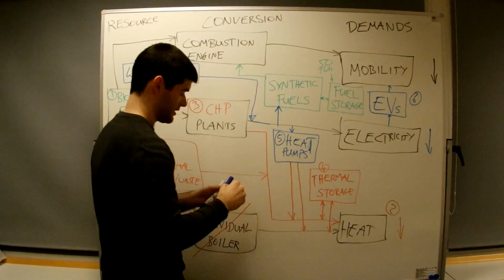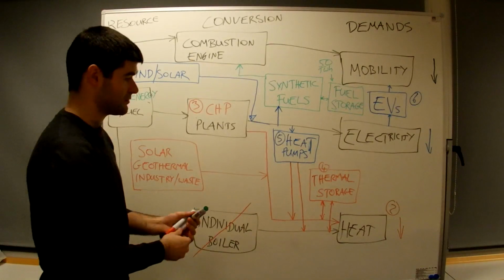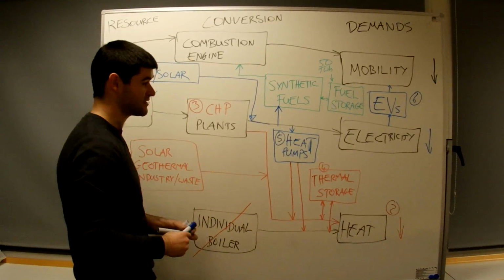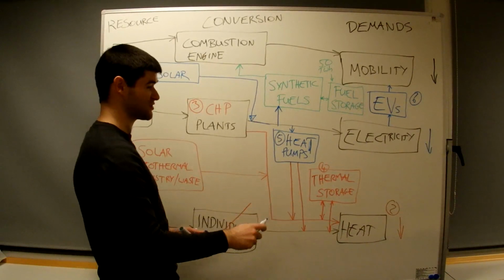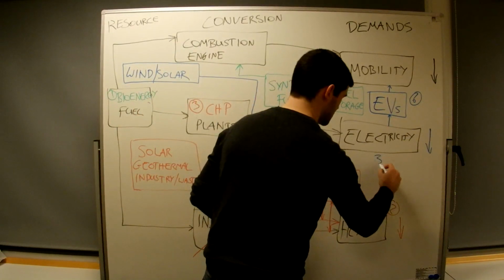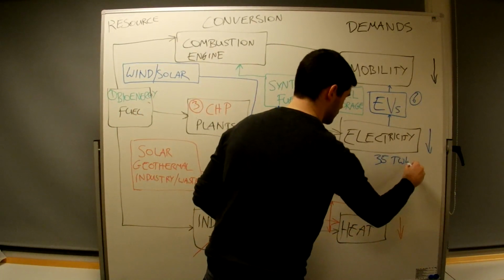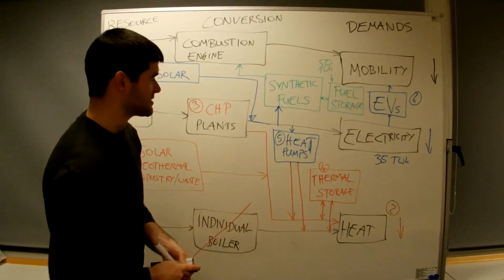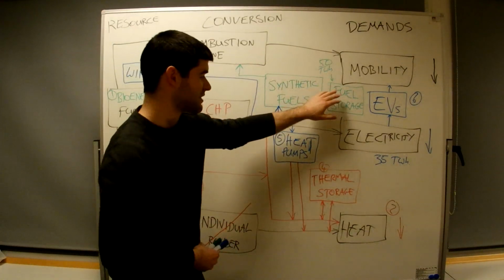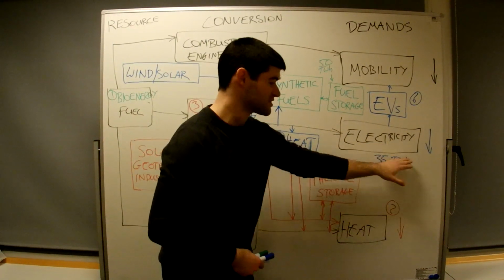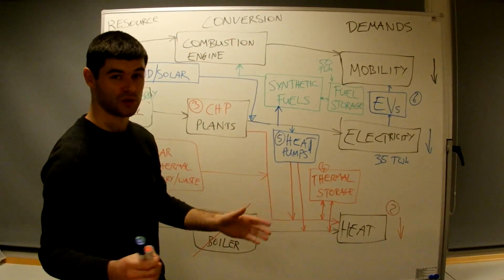At the same time, Denmark's annual electricity demand, the total amount of electricity used in Denmark all year round, is about 35 terawatt hours. That means there's more oil storage in Denmark than the total electricity demand consumed over the whole year.